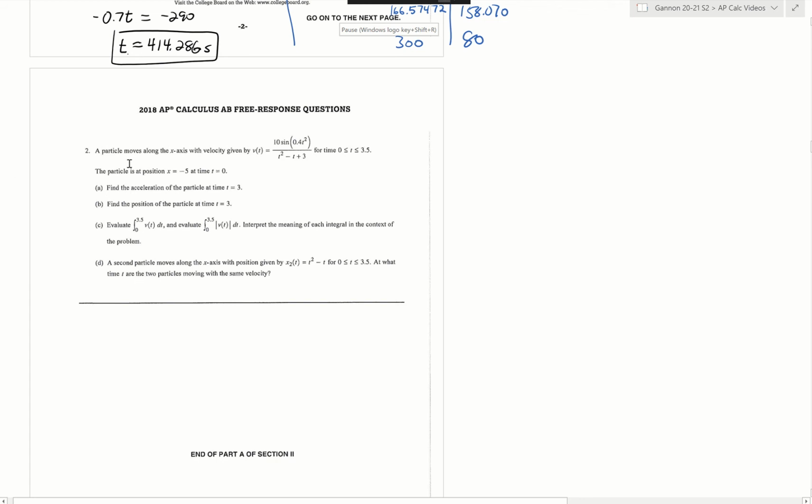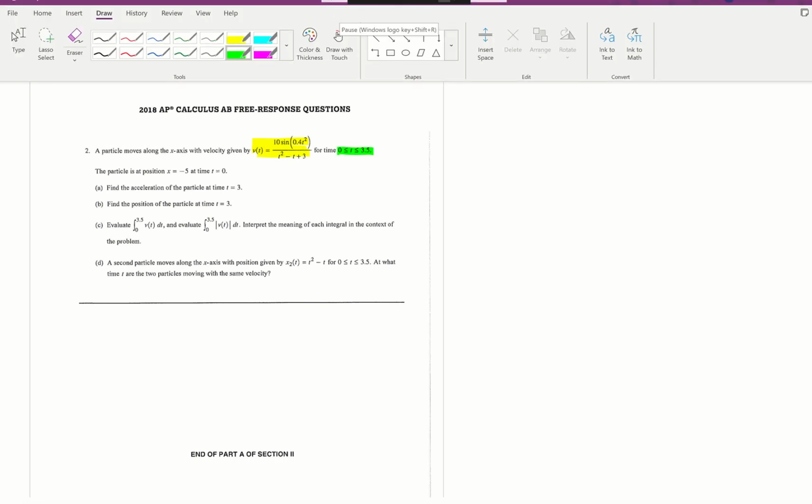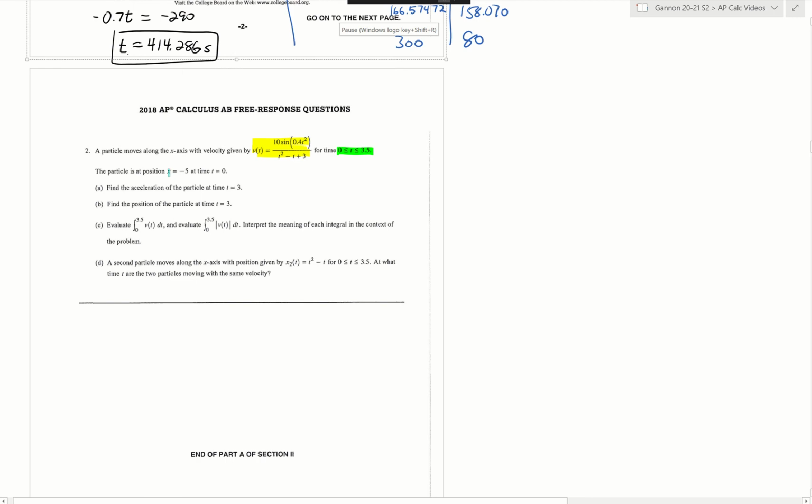And the particle is at position x equals -5 when t equals 0. It is important that we recognize that we are given a velocity function, a specific time interval for which that applies, and an initial position of x equals -5.